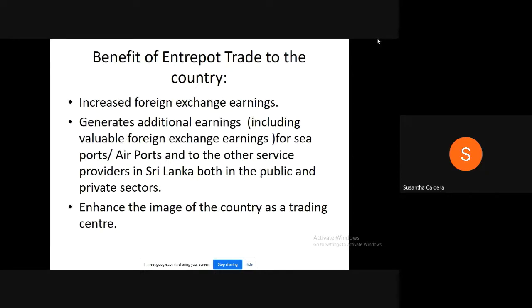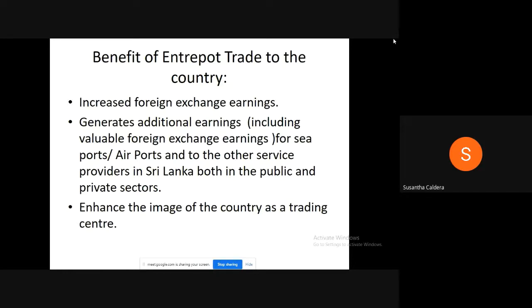Benefits of entrepot trade to the country: it increases the foreign exchange earnings of a country. It generates additional earnings, including valuable foreign exchange earnings for seaports and airports, by lending bonded warehouse facilities, even though it is 21 days free, right? If you plan it out, people can do it within 21 days.